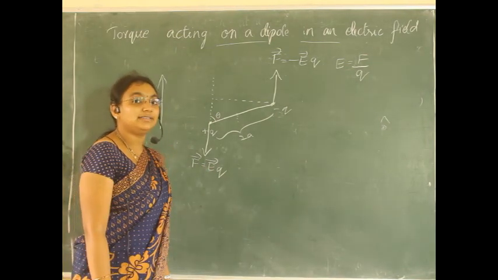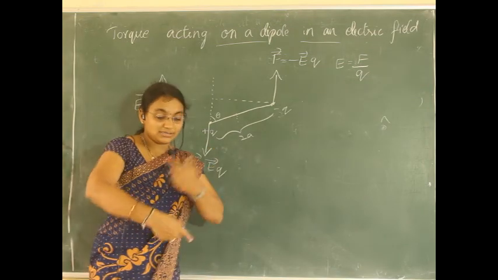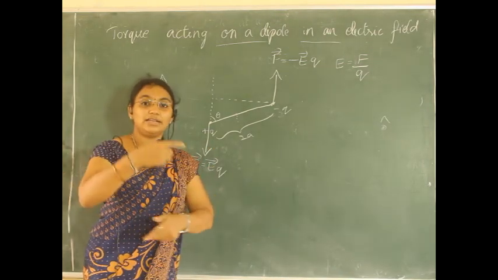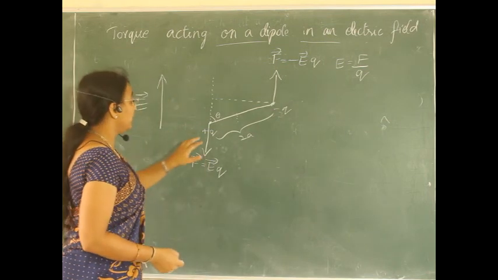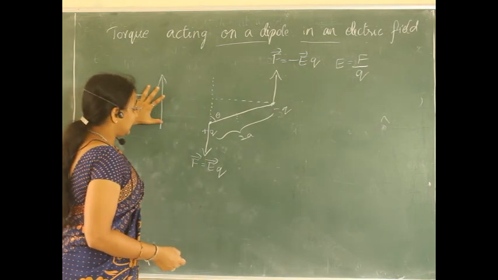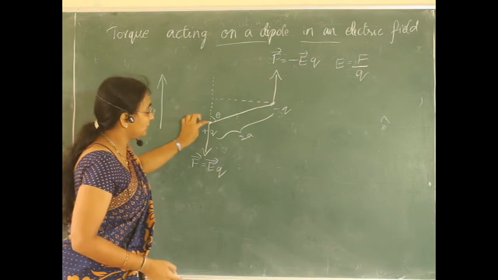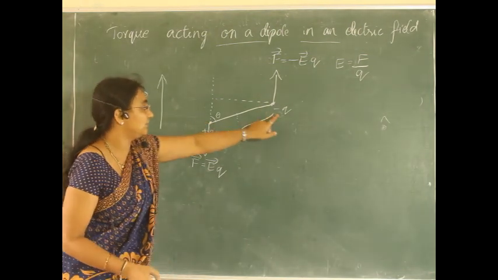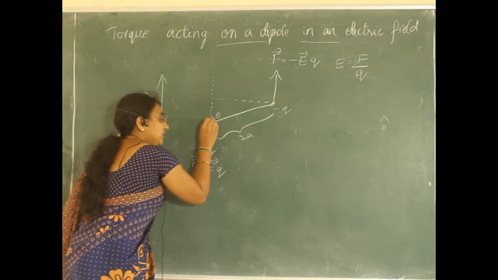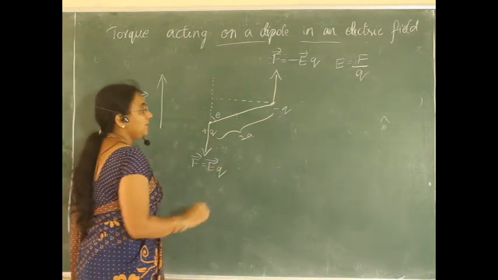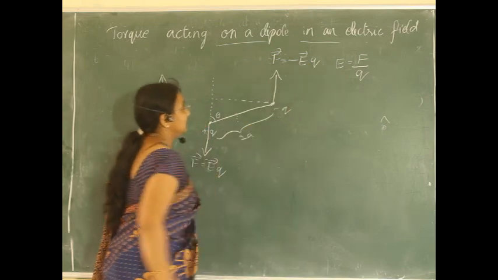When things rotate, we don't say a force exists, we say a torque exists. So because of the external electric field, force will be acting on the dipole charges: the force acting on the plus q is this one, and the force acting on the minus q is this one.